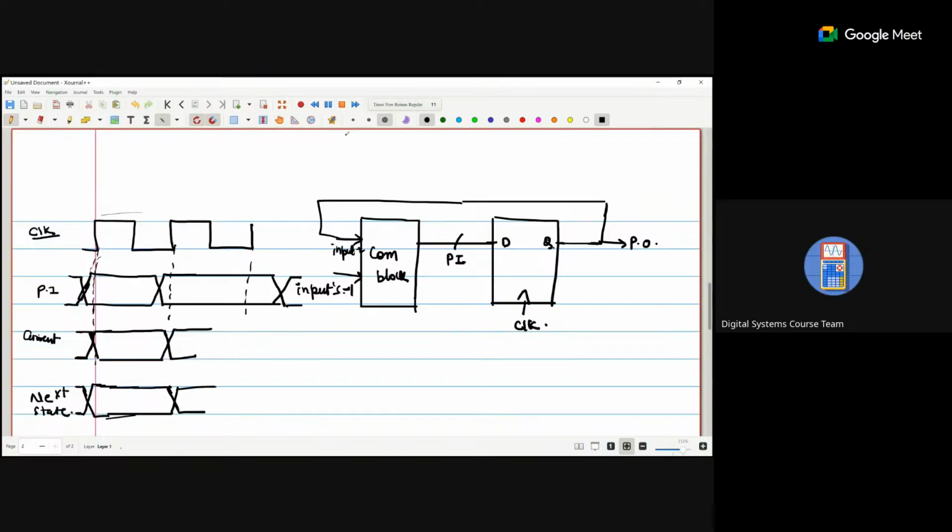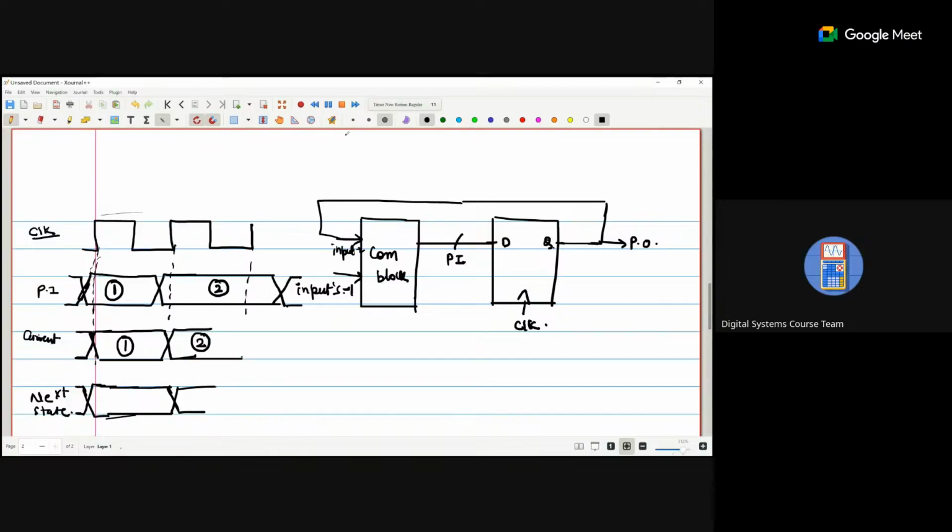If my present input is state 1, state 2, so what is my current state? It is state 1, state 2.